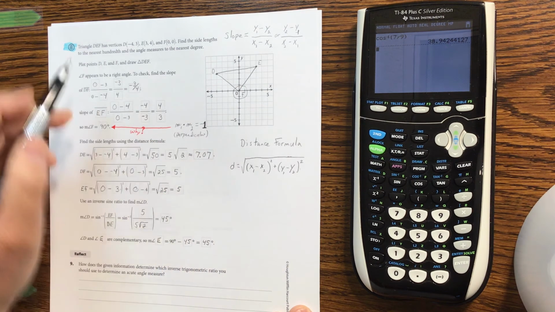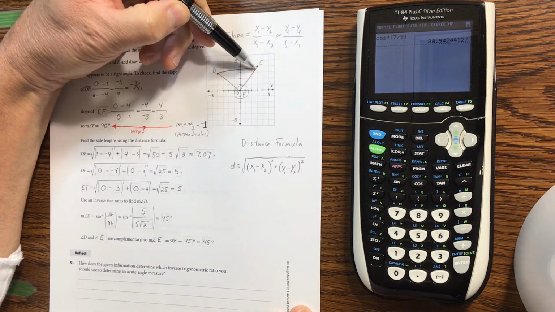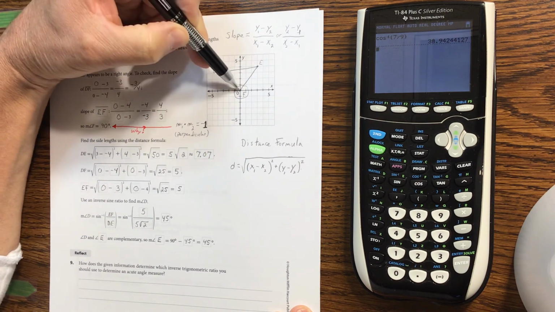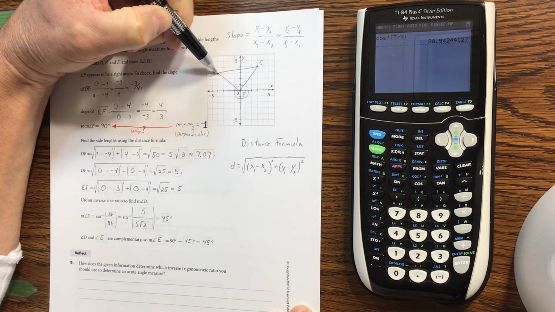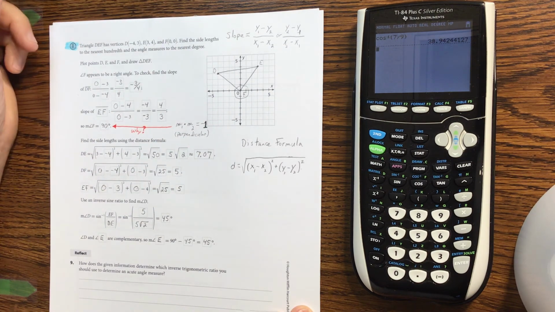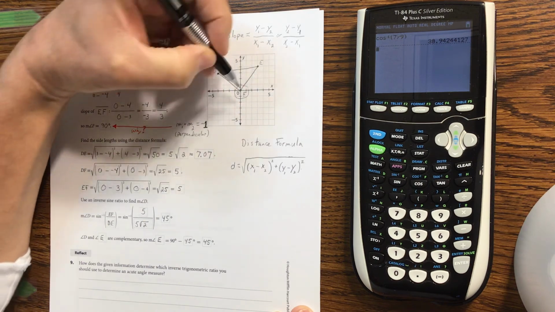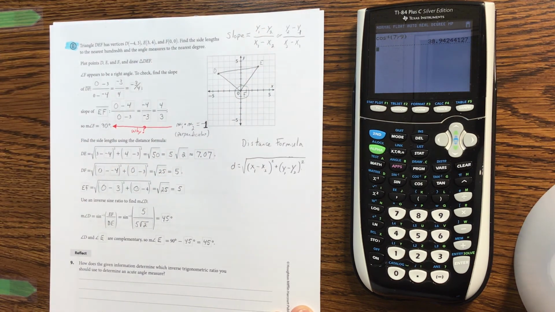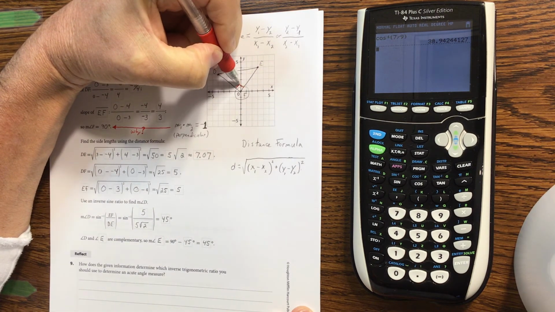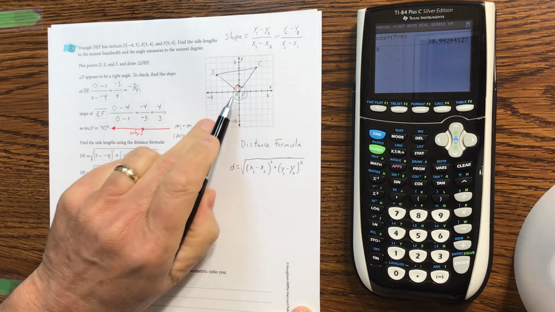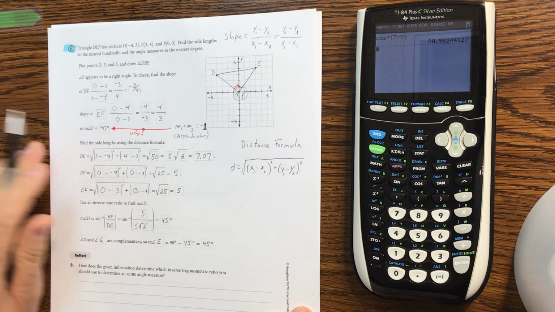So in other words, we see that this has a positive slope of 4/3. This one has a negative slope of -3/4. And if you take those two slopes, multiply them, and you get -1, that means these two sides are perpendicular. And I can use a different color now. We know now that this is a right angle. So that tells us the measure of angle F is 90 degrees.